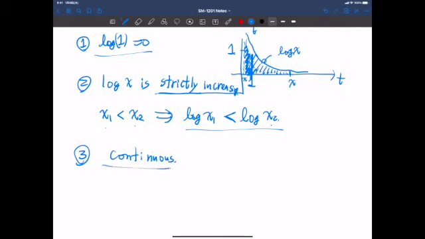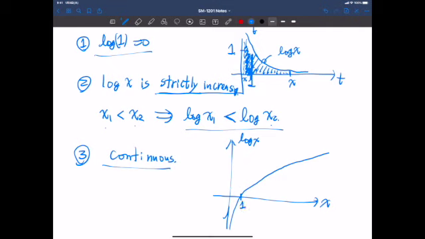We haven't defined what continuous function means yet, but I hope you already know what it means, at least intuitively. So this means, if you plot log x, it looks like this. It is strictly increasing and it takes value of 0 at 1.